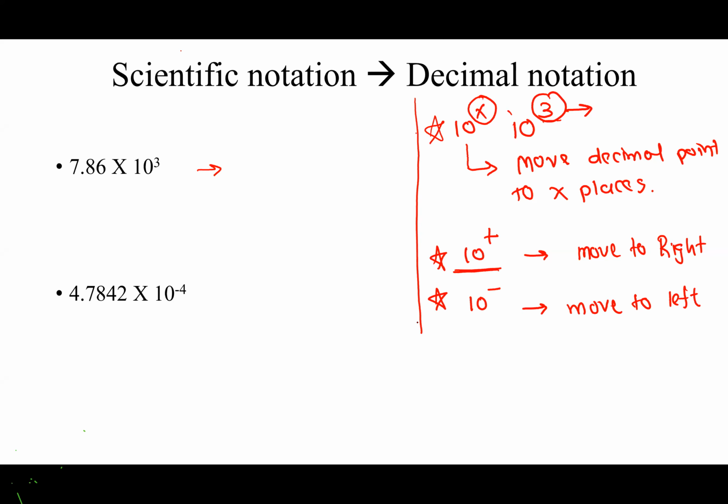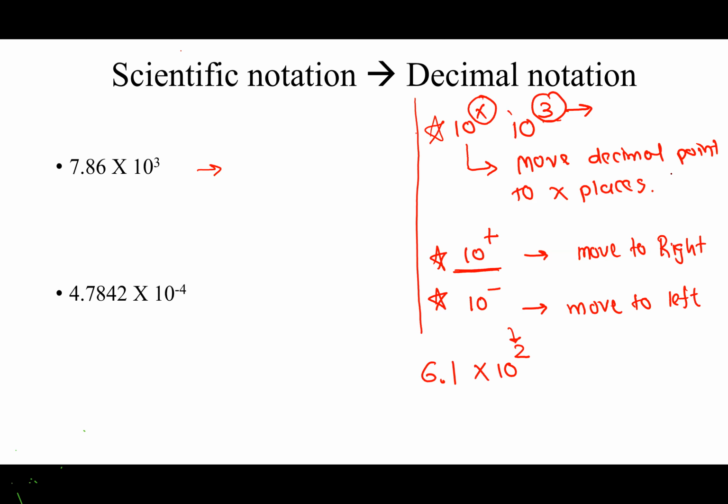So these are the steps, or the rule, which you need to follow to solve this kind of problem. I'm just going to give you a simple example. Let's say you have 6.1 times 10 to the power of 2. How are we going to solve this? What we have as x is the number 2, so we're going to move our decimal place 2 places.